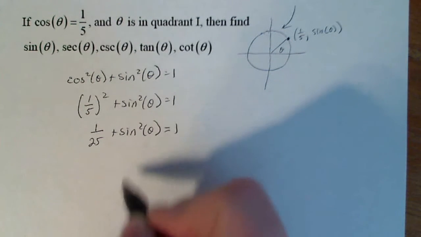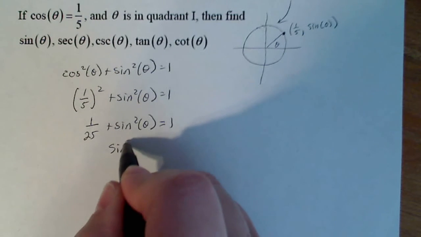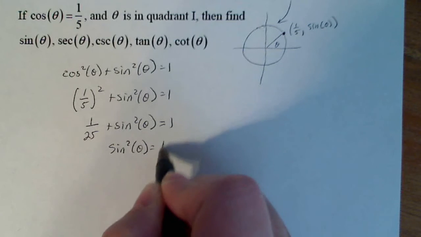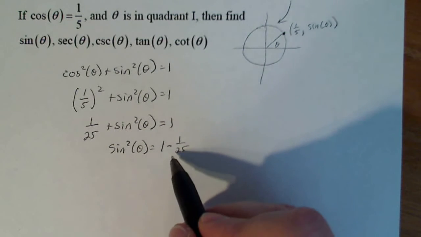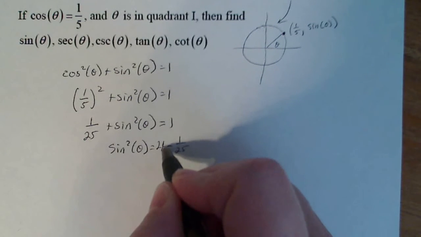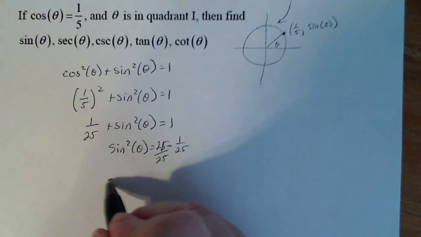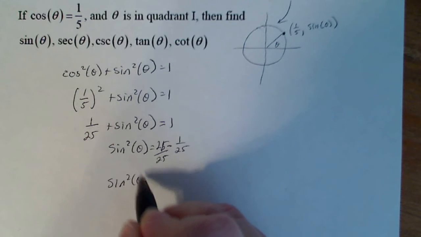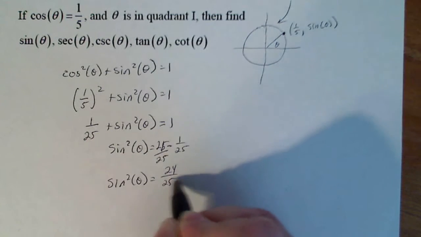I have to now subtract 1/25 from both sides. Well, the common denominator between both of these is 25, so I can write this as 25 divided by 25. So sine squared theta is equal to 25 minus 1 over 25.